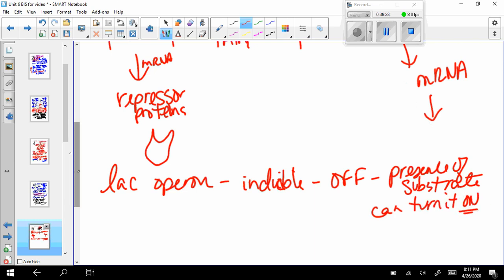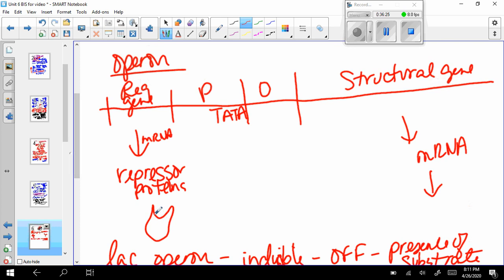All right, so under normal conditions, this repressor protein right here would bind, sorry, it didn't keep the whole part with it. It would bind right here.